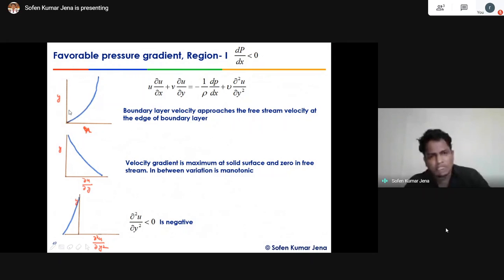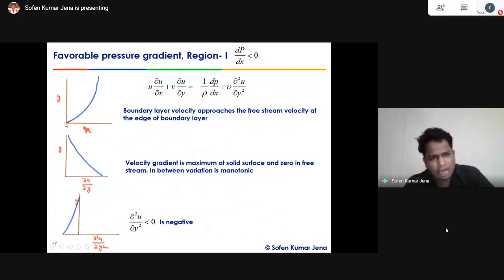Suppose this is my U velocity, this is my Y distance. Just like without a pressure gradient, the behavior of the flow is going to remain the same, right? Because at the boundary where y is equal to 0, the velocity equals 0. As y increases and y surpasses delta, the boundary layer thickness, u becomes constant.